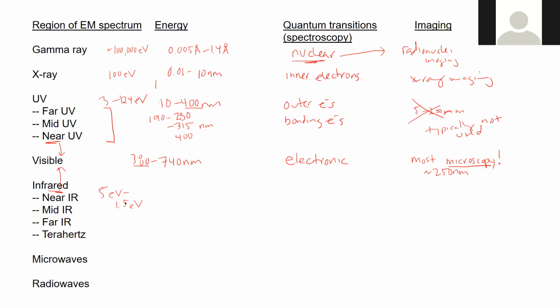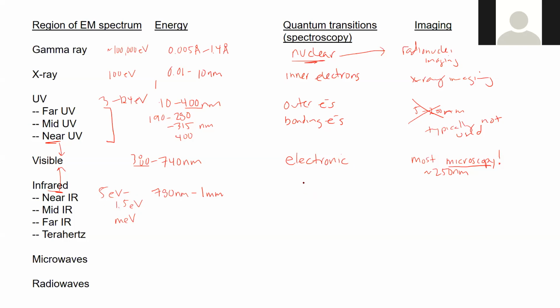My notes say it can even go down to milli eV, and in terms of wavelength around 780 nanometers to 1 millimeter. So this is more of the near IR.